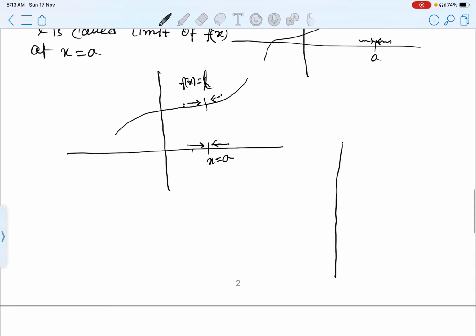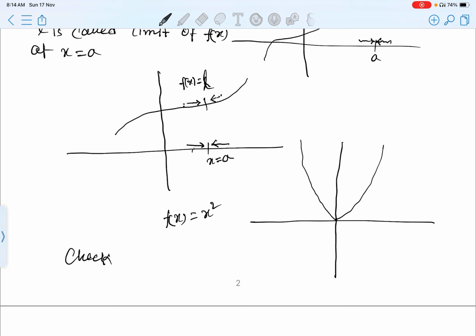Okay, now take a proper example. Assume I take the function f of x equal to x square. What is the graph for that? Okay, this is the graph of it. I want to check what the limit of this function is at the point x equal to 2, maybe here.